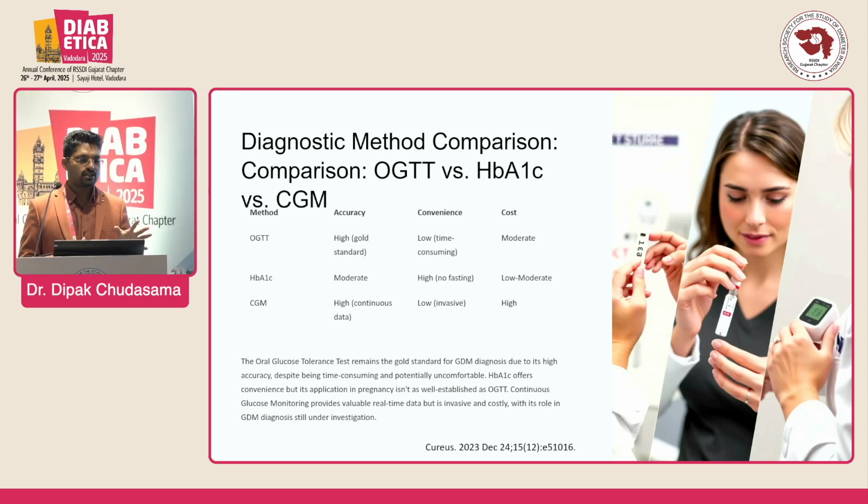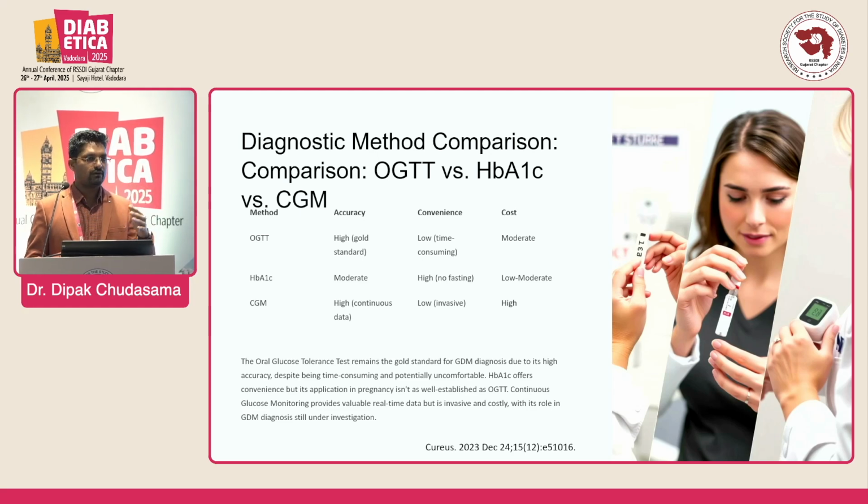HbA1c is very high for convenience: anytime you can have a blood draw, with no requirement of fasting. CGM is low because it's an invasive procedure. For cost, oral glucose tolerance is moderate. HbA1c is again low to moderate, and CGM is very high in cost.